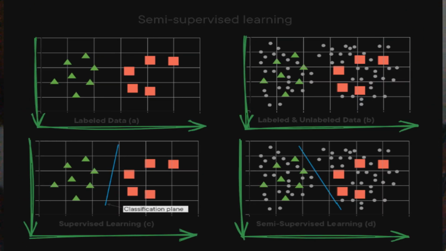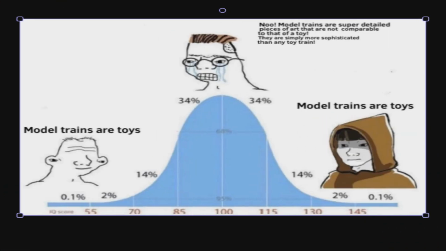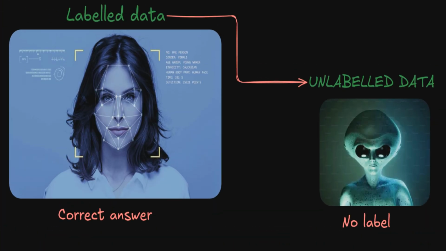So what exactly is semi-supervised learning? Well, it's a machine learning technique that uses both labeled and unlabeled data to train a model. You might wonder how you can tell the difference between the two, right? Labeled data is data where you know the correct answer. For example, pictures of cats and dogs, where each image is labeled cat or dog.